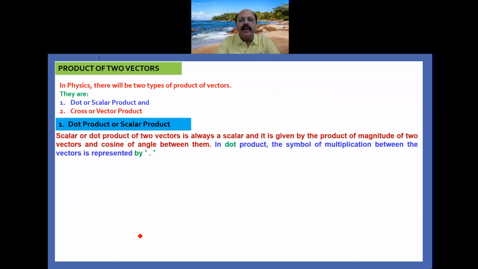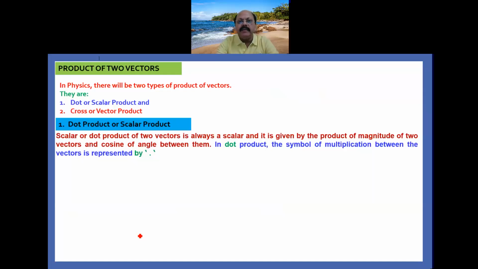The scalar or dot product of two vectors is always a scalar, and is given by the product of the magnitudes of the two vectors and the cosine of the angle between them.